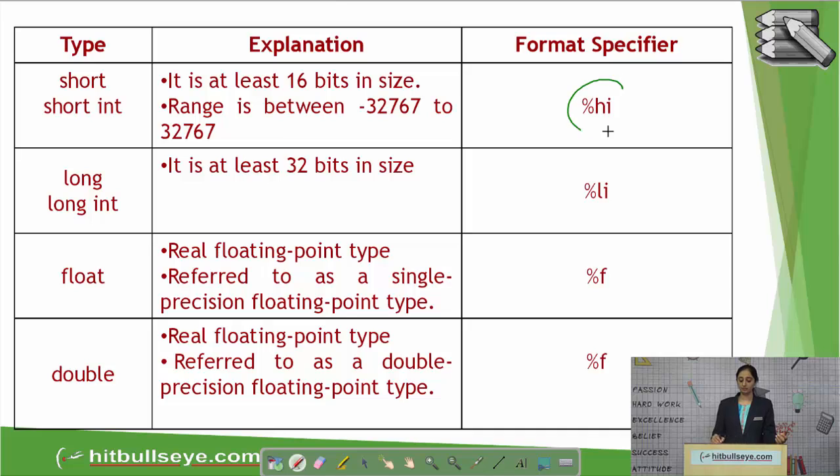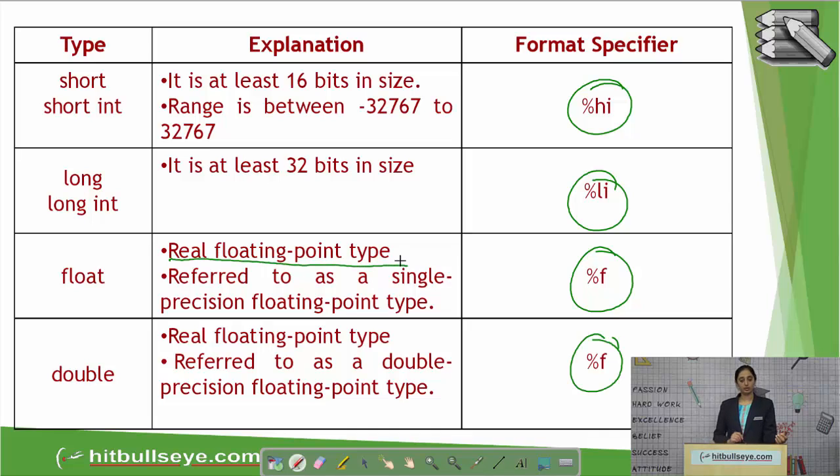Short integers, long integers, float, and double. Float is a real floating point and refers to a single precision floating point type, whereas double is also a floating type, but it refers to a double precision floating point type.